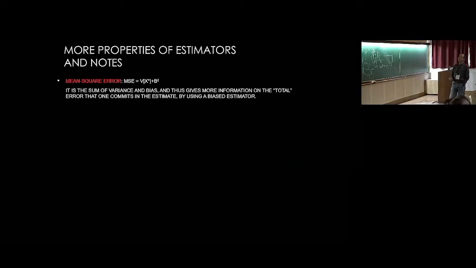I told you about the mean square error, which is the sum of the variance and the square bias. And this is the quantity we'll want to minimize in your practical experiment, because it really summarizes how much off you can be in your measurement with respect to the true value. So if you have a bias, you want small bias. If you have large variance, you want small variance. You cannot constrain both, but you can probably find a middle ground where the sum of these two squared terms is the smallest.